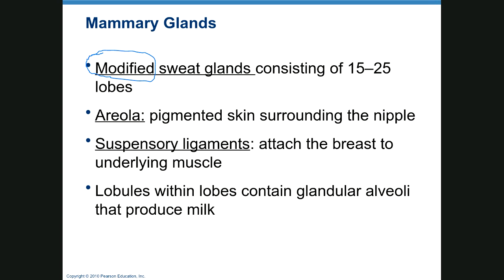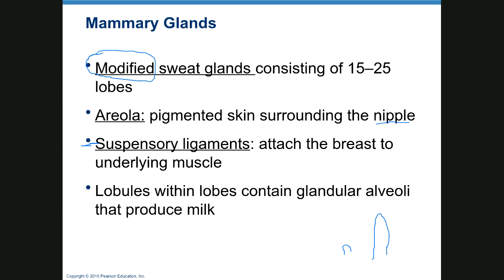Modified sweat glands, 15 to 25 lobes. The areola is a pigmented area around the nipple. Now, humans have nipples. Cows have teats. Teats are elongated structures. Nipples are small structures, though I have seen a few. Anyway, suspensory ligaments, one hopes last a long time, hold the things up.